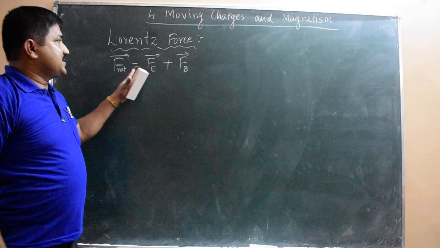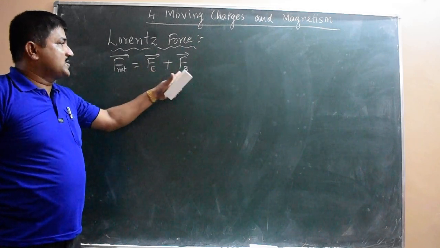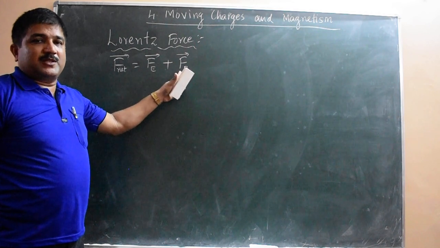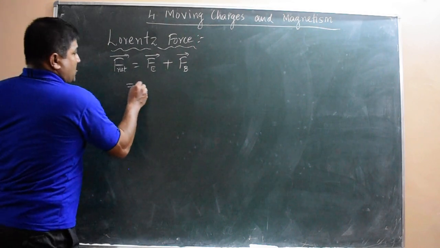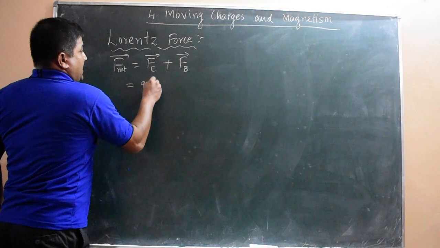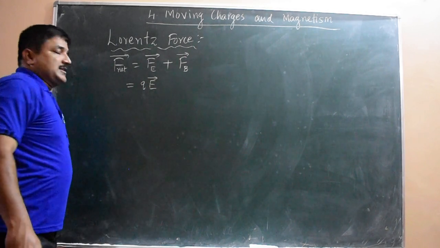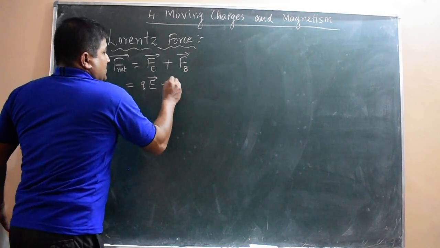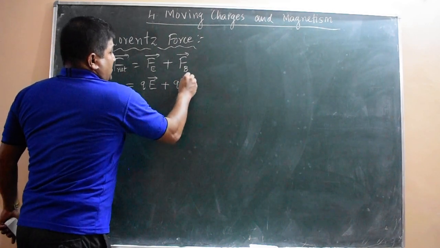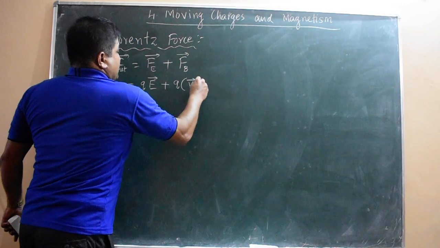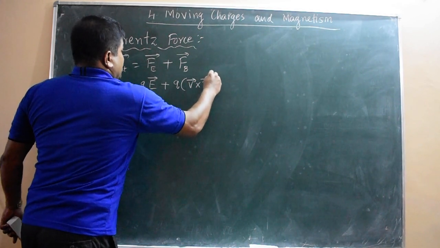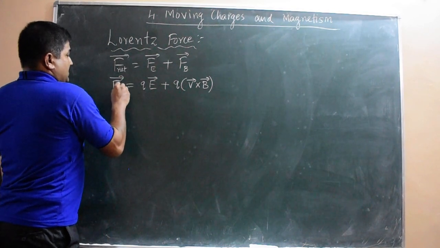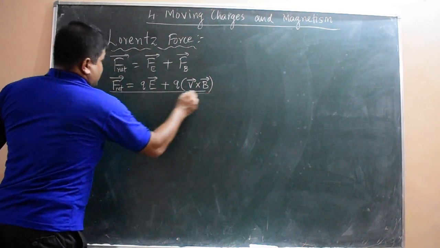So net force is a vector sum of the electric force and magnetic force experienced by the charge. The electric force in an electric field E is QE, and the magnetic force is Q times V cross B.